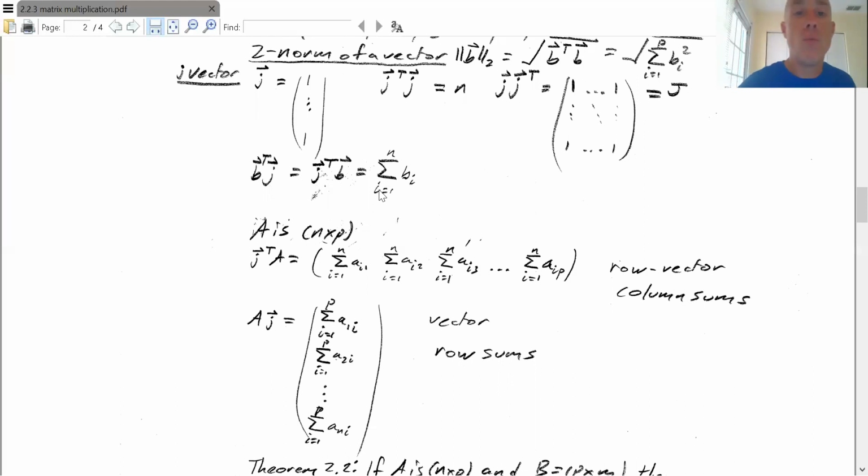All right, so now if A is n by p, and I multiply on the left by the transpose of the j vector, j transpose A, this will be the row vector of column sums. So I can get column sums of a matrix by doing this multiplication. And here, if I multiply A by j and j is on the right, then I'm going to get row sums.